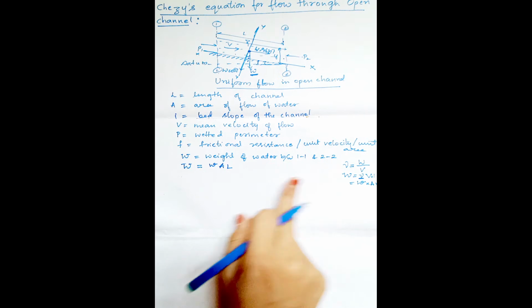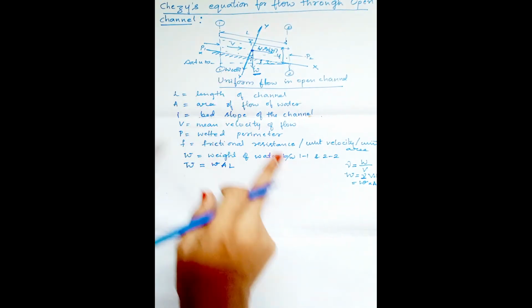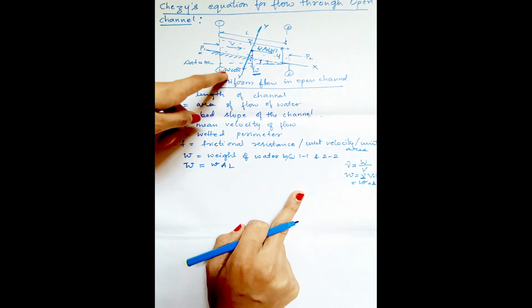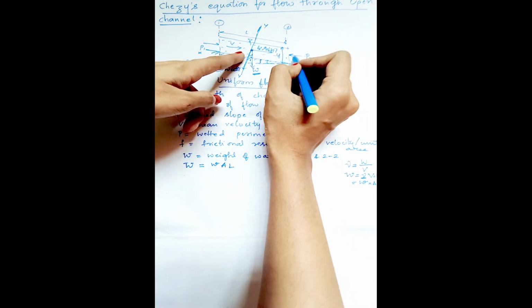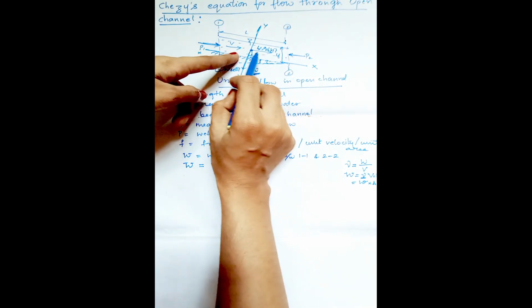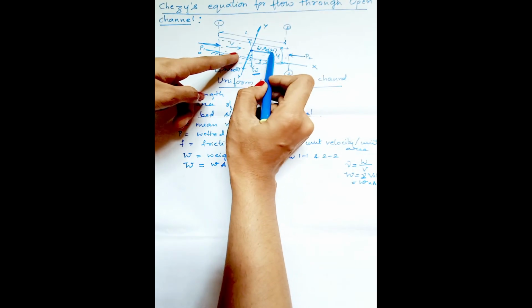As I have already told, you can resolve the weight into two components, W cos i and W sin i. Here we are not going to consider W cos i, because it is not along the direction of flow. We are going to consider only the force along the direction of flow, that is W sin i.